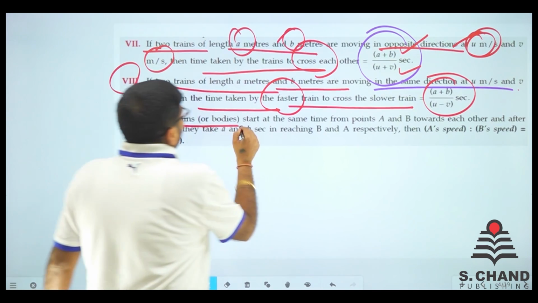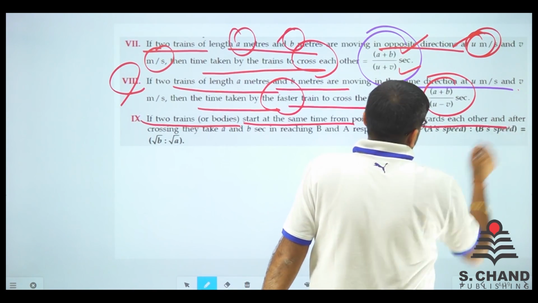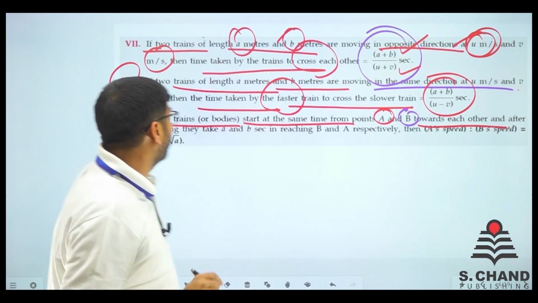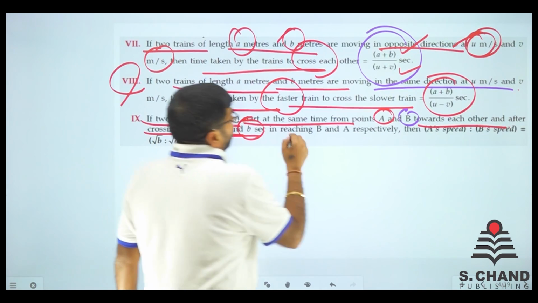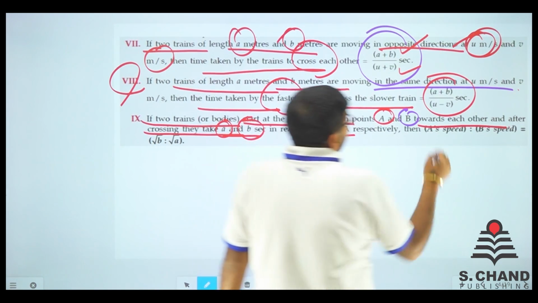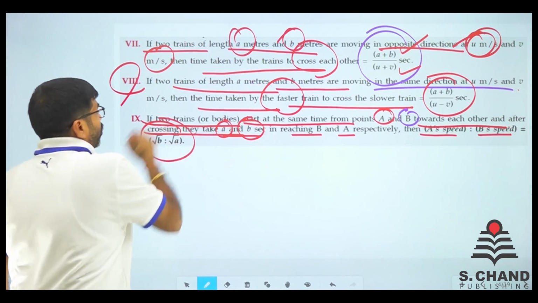If two trains or bodies start at the same time from points A and B towards each other, see, very important formula, and after crossing they take a and b seconds in reaching B and A respectively, then A's speed to B's speed is the inverse root.